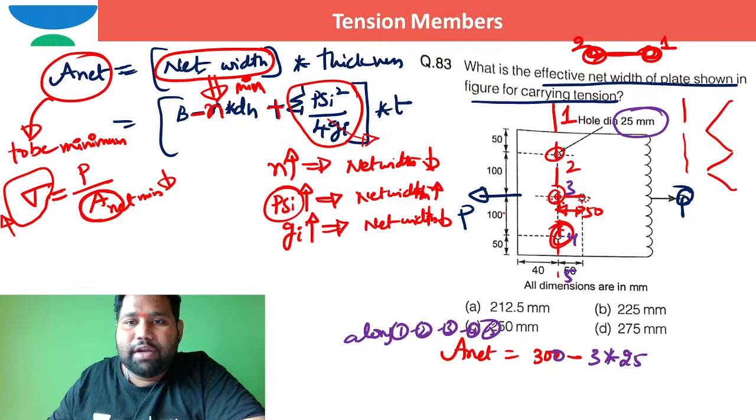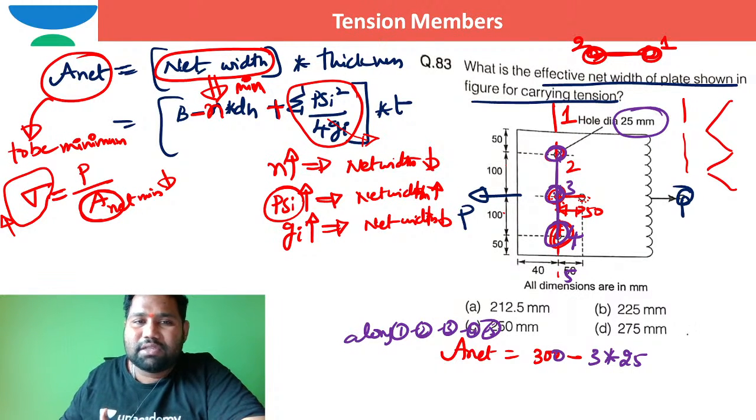25. If you take from the second hole to the third hole, is there any pitch? No, there is no pitch from the second hole to the third hole. Pitch is the distance measured between two adjacent bolts in the direction of load. In the direction of load, the pitch is 0 between the second and third bolt, and between the third and fourth hole also the pitch is 0, right?